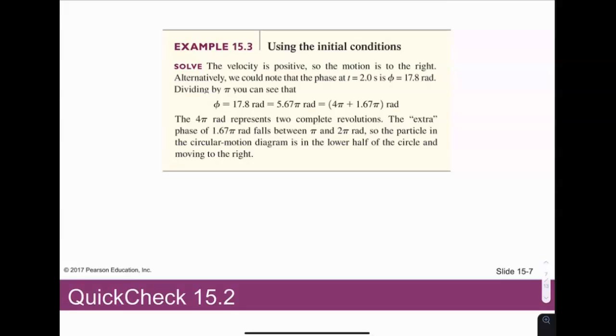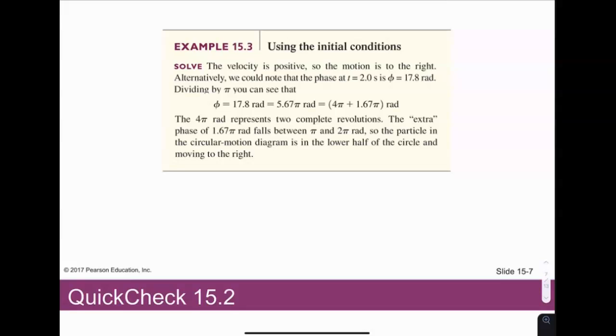Alternatively, we could note that the phase at t equal 2.0 seconds is 17.8 radians, and divided by pi, you see that that phase corresponds to 7.67 pi radians, or 4 pi plus 1.67 pi radians. 4 pi represents 2 complete revolutions.